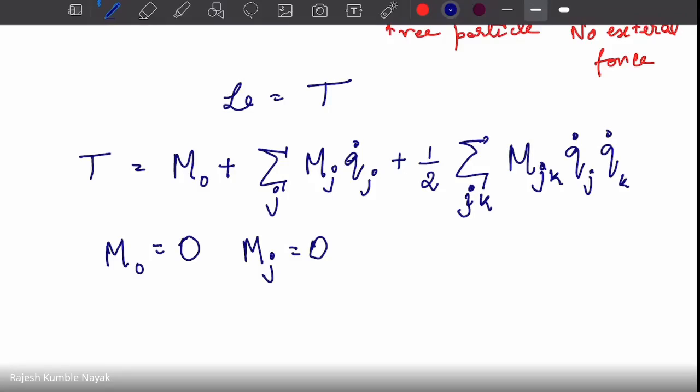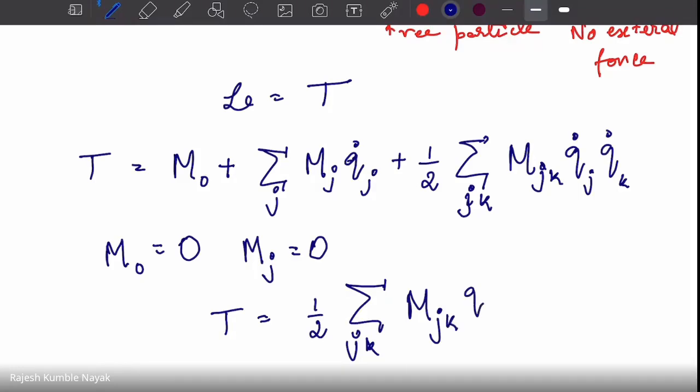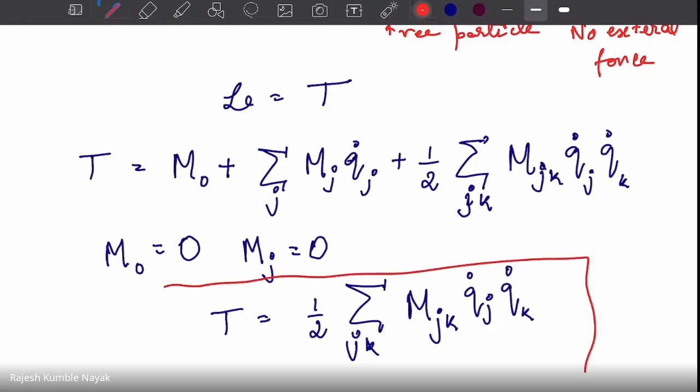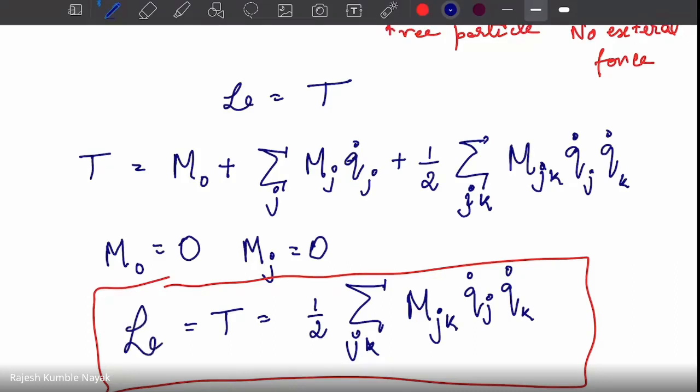So we are left with the kinetic energy as purely half sigma jk mjk qj dot and qk dot. So this is the kinetic energy as well as the Lagrangian for the case which we are interested in.